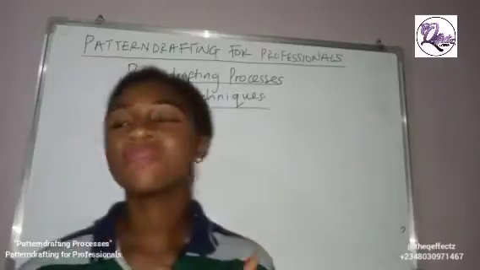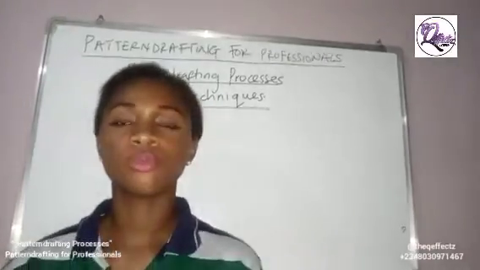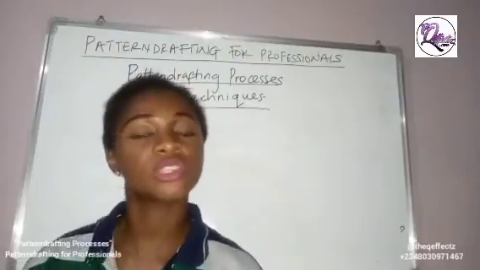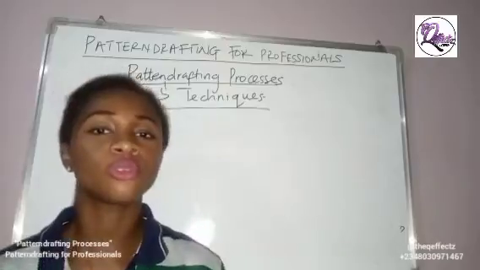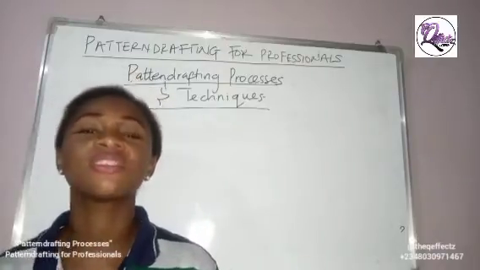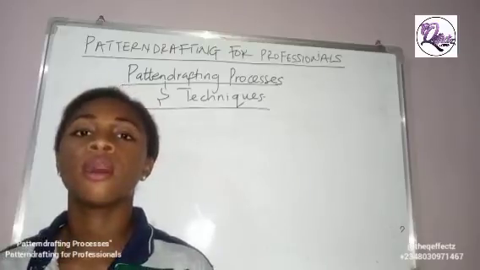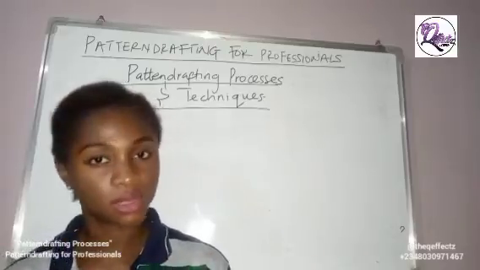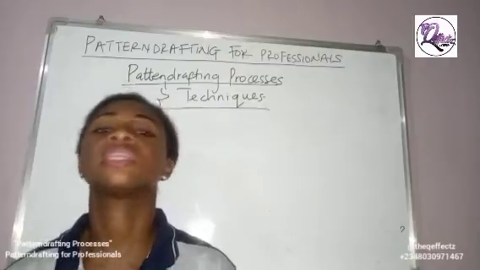Now for people like me that don't have patience, once we see such books, we're discouraged and we just move on and go looking for videos on YouTube. And then we see someone on YouTube saying pattern drafting using Nikobe's method, and then we're like, oh, this is what the person was trying to explain in the book.